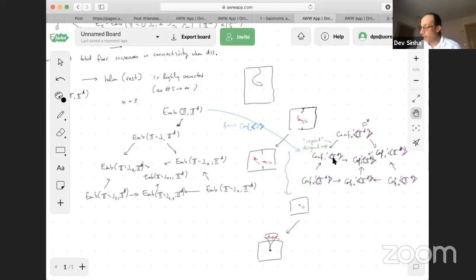I have my knot. All right, maybe I'll draw it in 3 dimensions. And I want to produce a map, for example, from configurations of 2 points in the interval compactified to configurations of 2 points in the cube compactified, which I can because I can just evaluate f at those 2 points. So you give me 2 points on an interval.